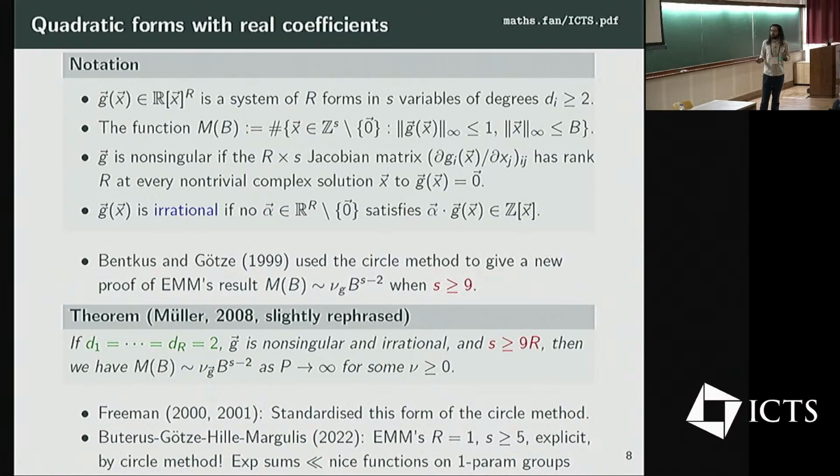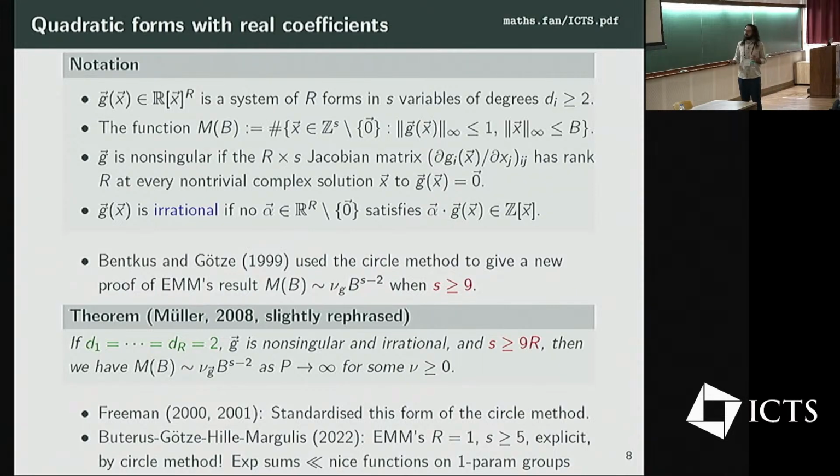And the idea of this proof is very subtle and very intriguing, which is to bound some exponential sums by certain nice functions on one-parameter groups. So the exponential sum is a function of a parameter called maybe alpha, and the idea is that the exponential sum S of alpha factors through a one-parameter group. So you map alpha into a one-parameter group and then bound S of alpha by a nice function on that one-parameter group.